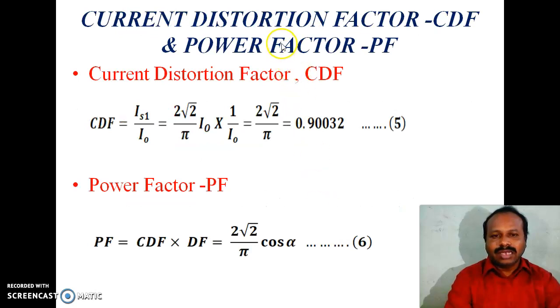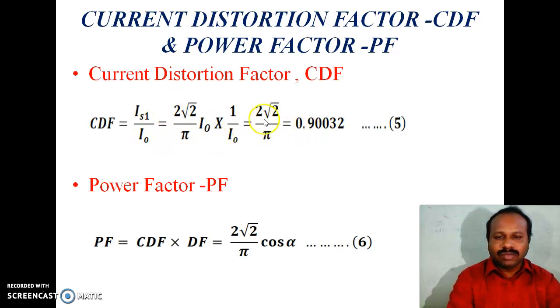Next one, current distortion factor CDF and power factor PF. Current distortion factor is represented by CDF and it is given by Is1 by I naught. Now we substitute the value of the fundamental component of the RMS supply current, Is1, that is 2 root 2 I naught by pi into 1 by I naught.